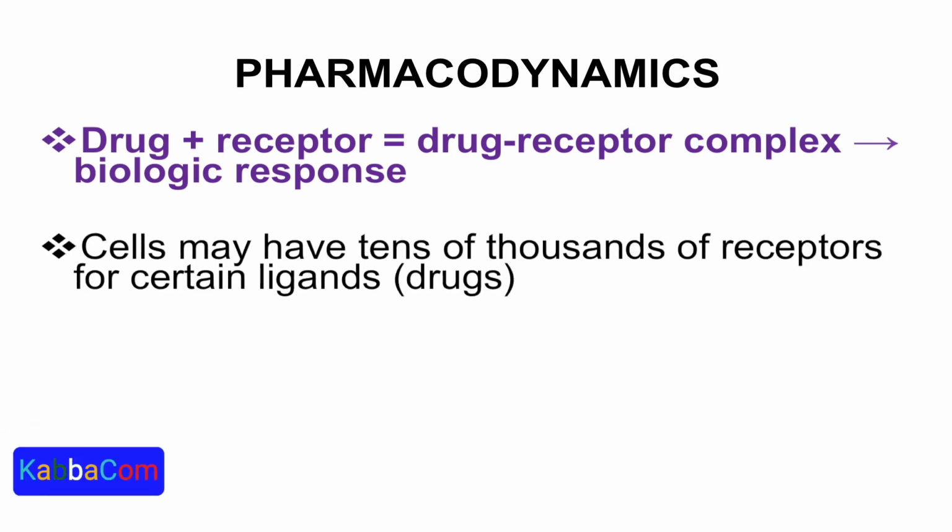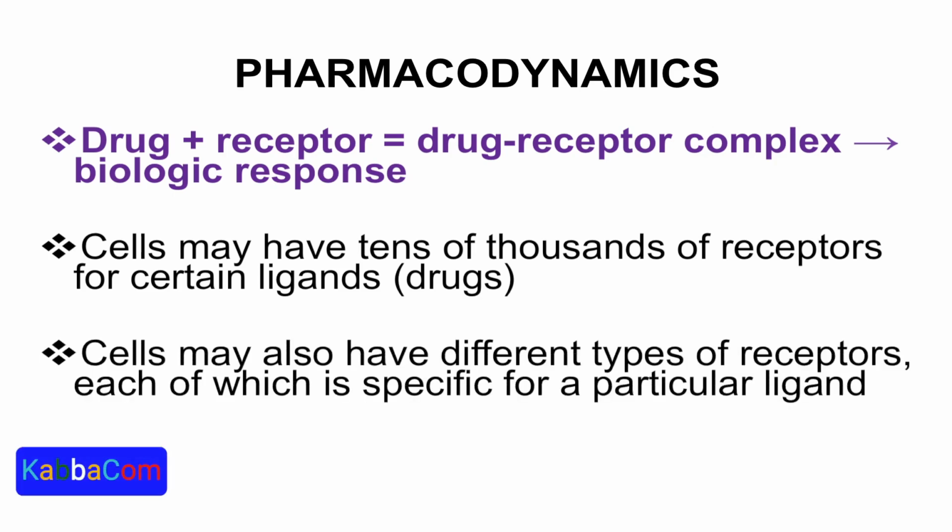Now there are thousands of receptors, on the cell surface membrane or even inside, where drugs have to bind. As we shall see, one of the properties of receptors is that they are ligand specific.